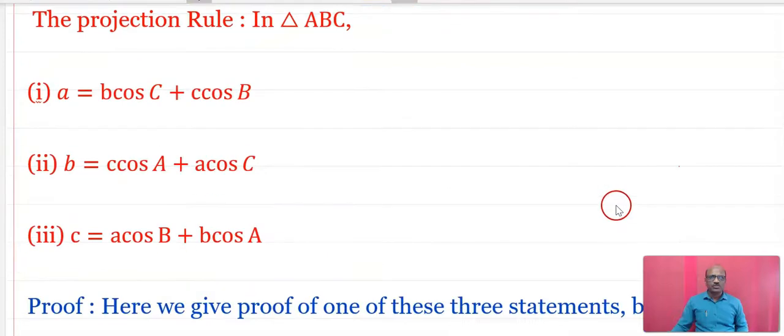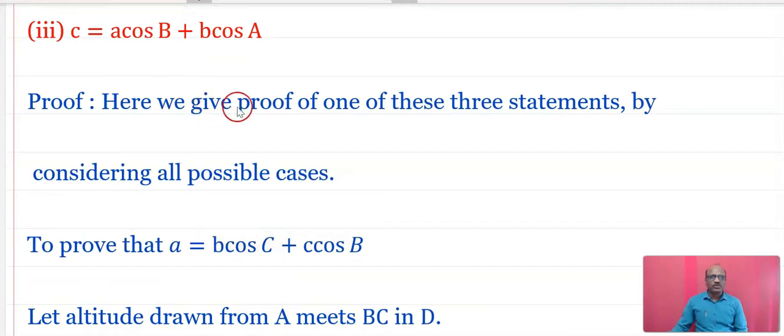Now the projection rules. In triangle ABC, first a is equal to b cos C plus c cos B. b is equal to c cos A plus a cos C. c is equal to a cos B plus b cos A.